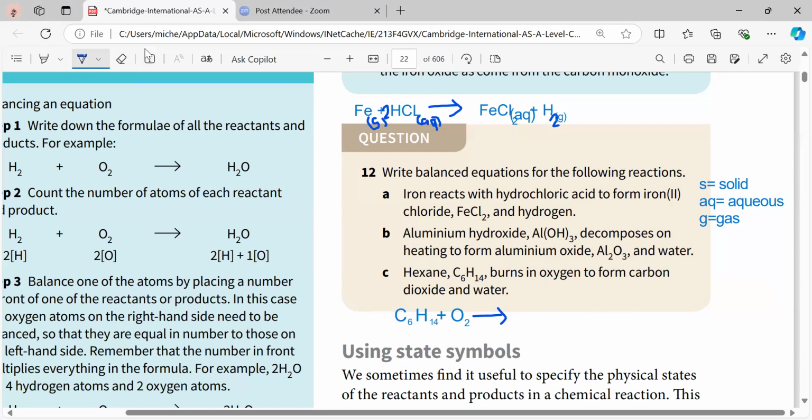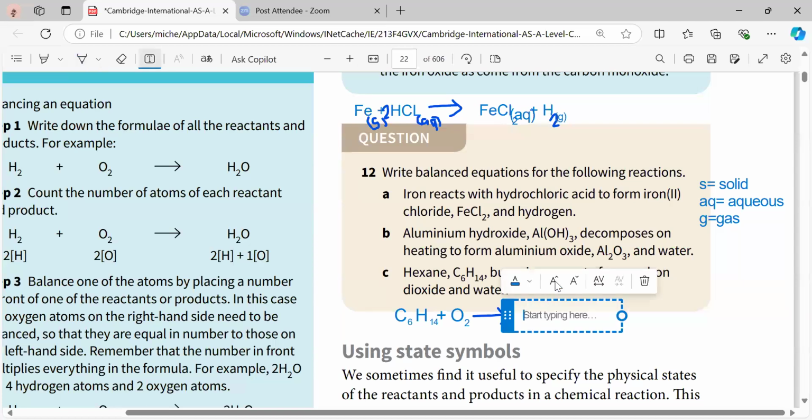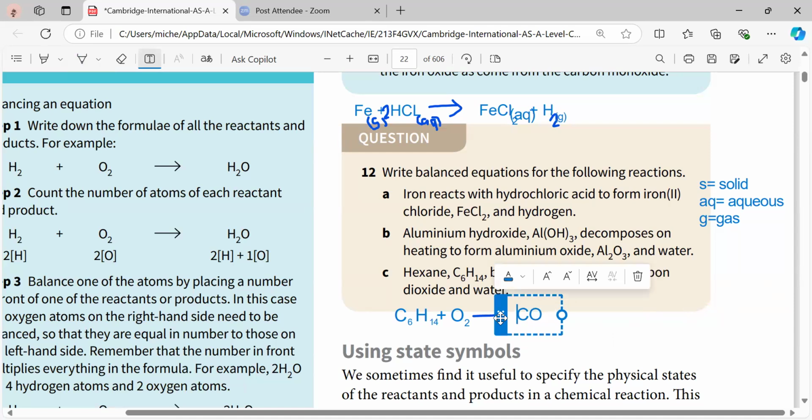So we're going to write down carbon dioxide, which is CO2, a very popular compound. Okay, this looks really small. No, that's too big. Okay. So we're going to write this CO2 and water. So that would be a plus, since water is also a product.